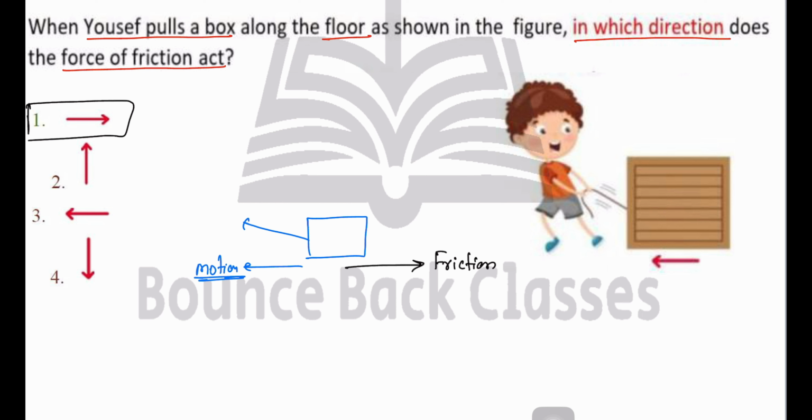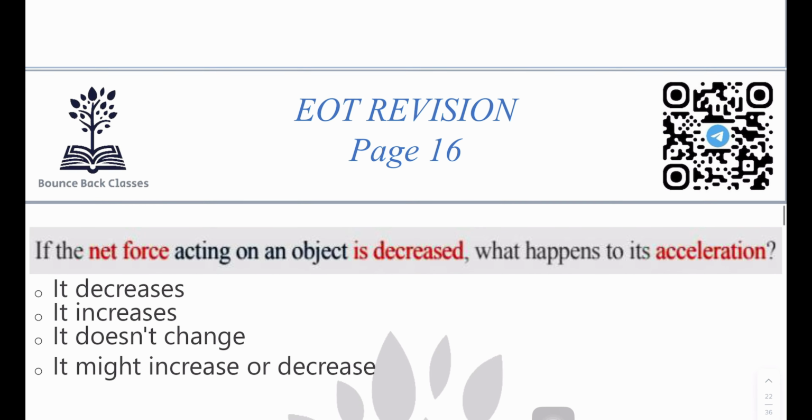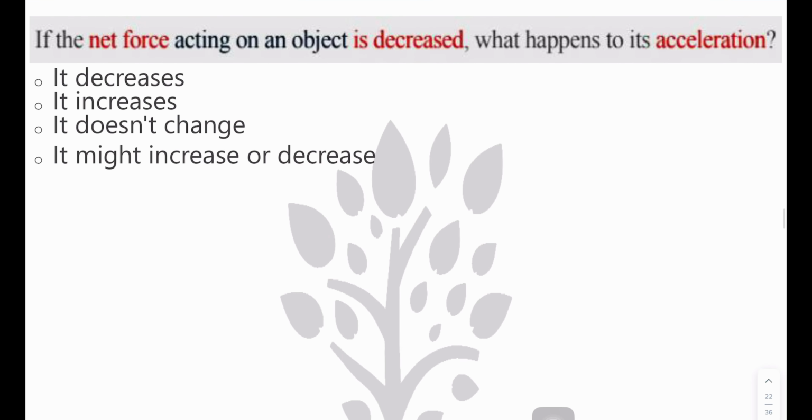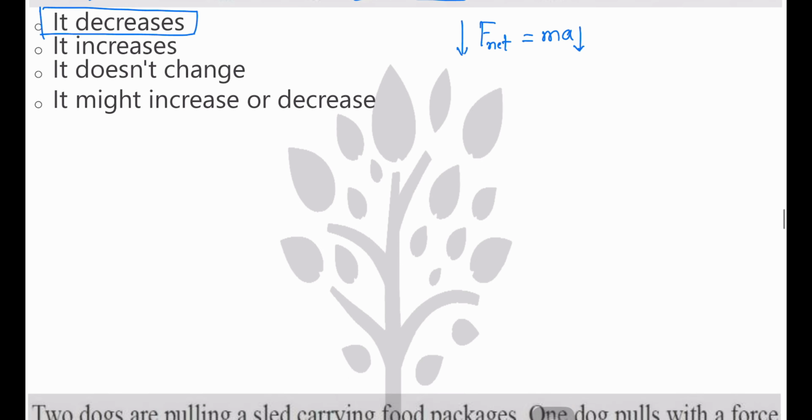Clear? Next question. If the net force acting on an object is decreased, we know F net is equal to ma. F net is decreased. What happens to its acceleration? It decreases. Clear?